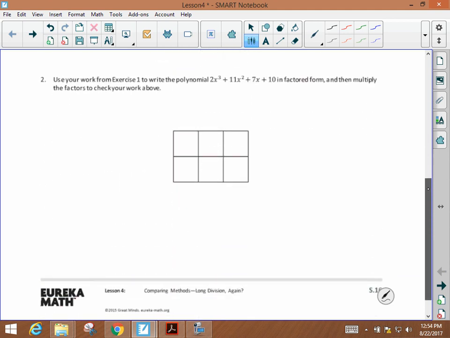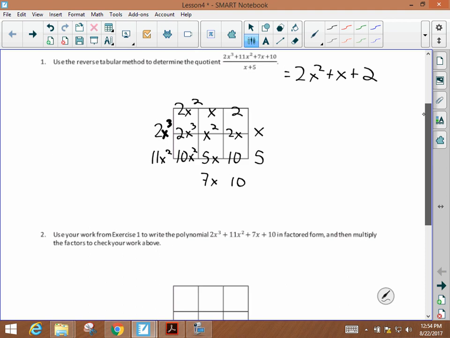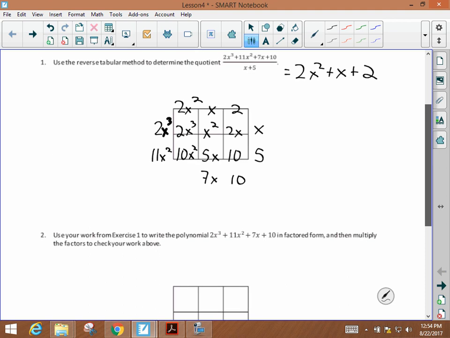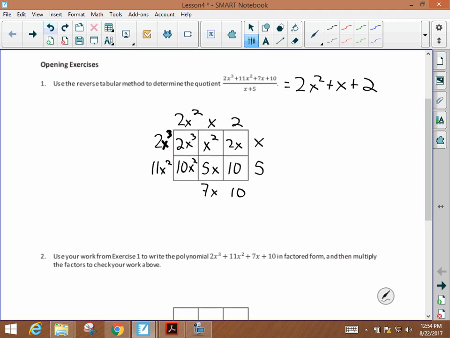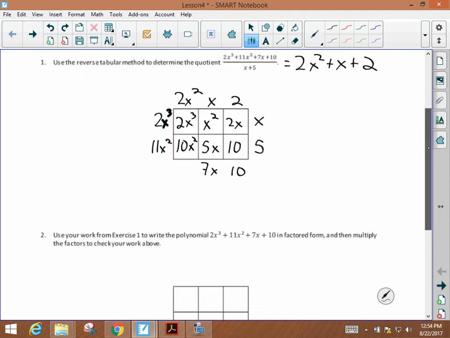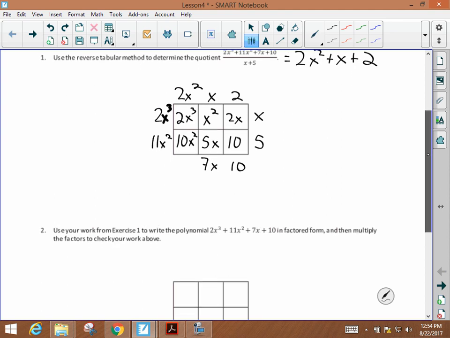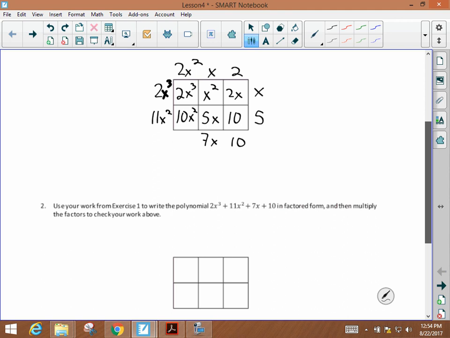All right. Sorry, I keep looking up because I need to actually know what my quotient is, because what they're asking is they want me to write this in this way.